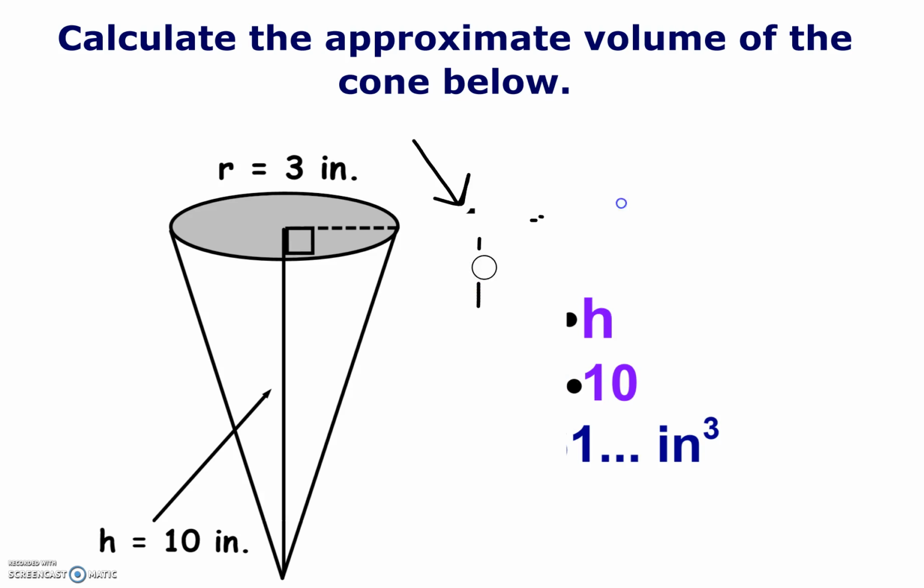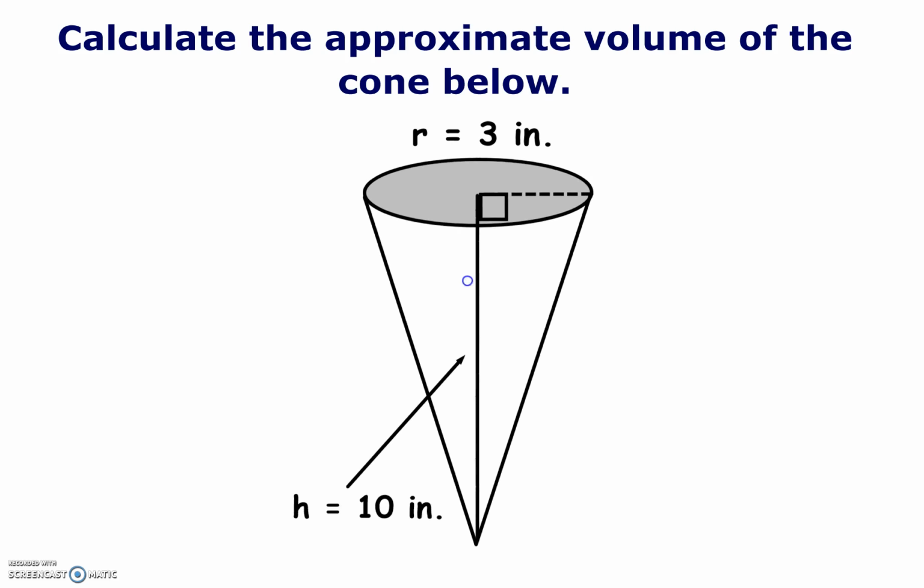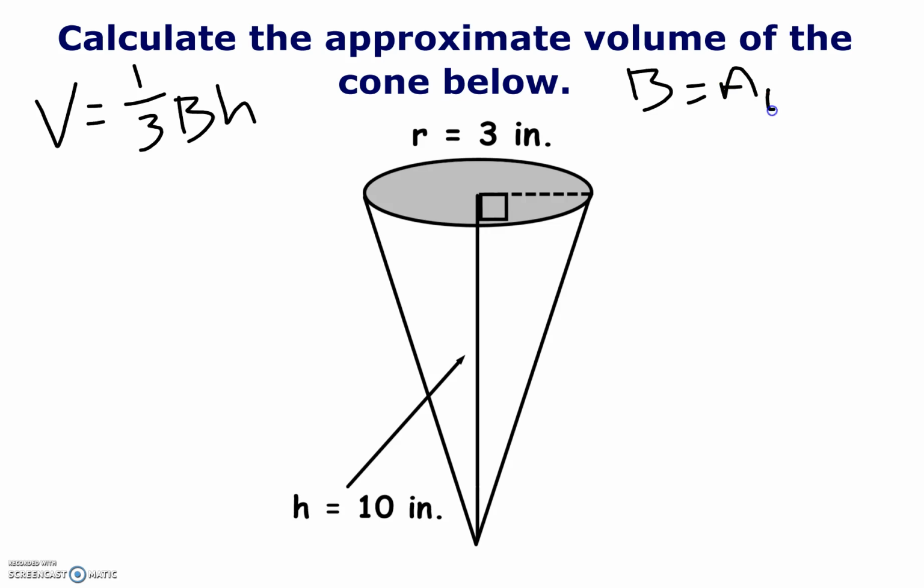So, here we go. If we know the volume is 1/3 area of the base times the height, we know that B equals area of a circle, because here's your base, equals pi r squared.